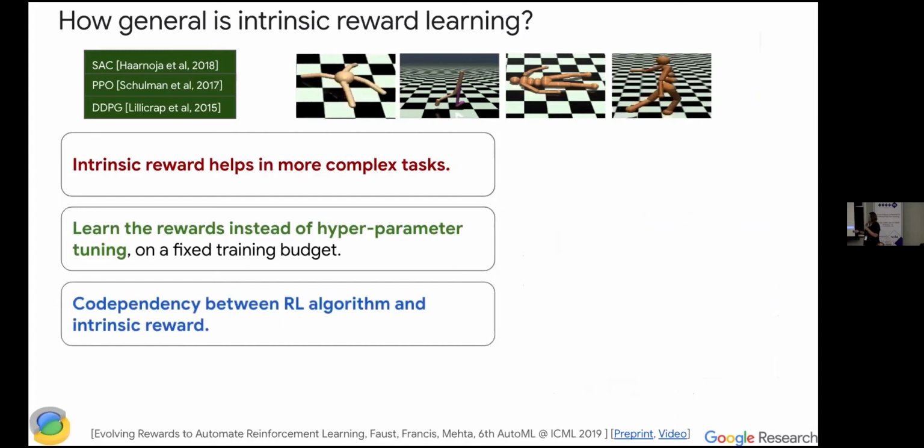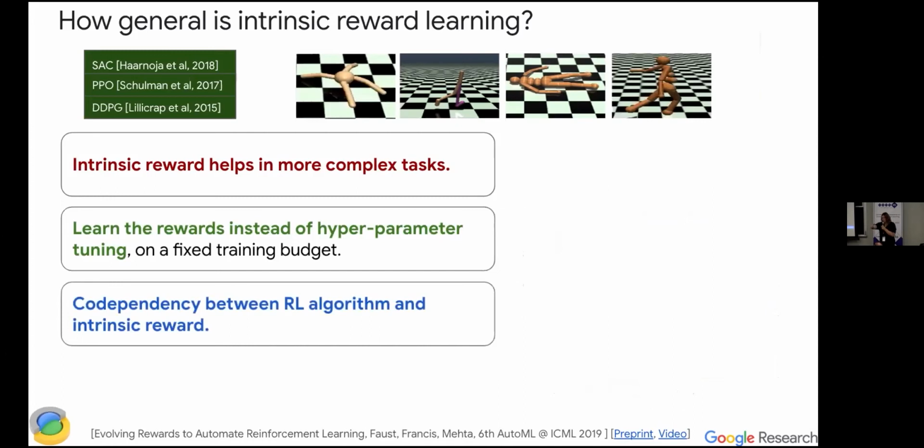Third, which in retrospect wasn't surprising, but it was at the time, is that there is a codependency with the reinforcement learning algorithm that we're using. So for example, soft actor critic and PPO ended up with different parameterizations of the intrinsic reward. If you're familiar with the MuJoCo environments, for folks that work in RL, that reward already has three features with fixed parameters.